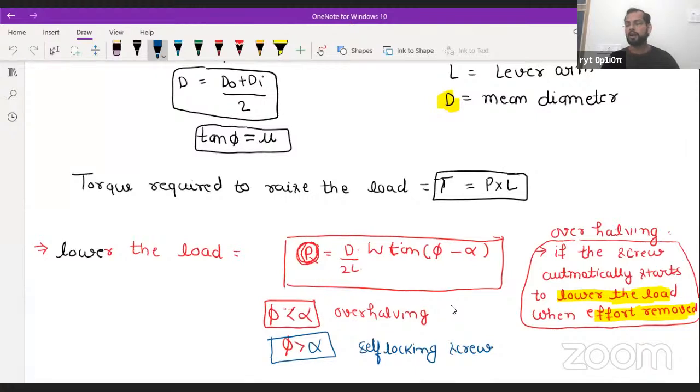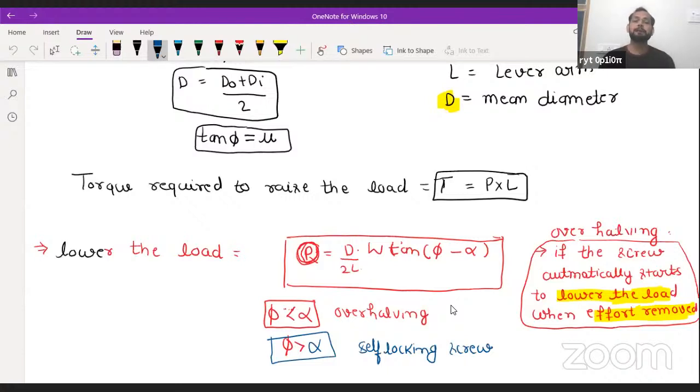I think for this session, time is almost exceeded. So we will sum up this session here, and in the next session we will discuss the efficiency of screw jack and efficiency for self-locking screw. After that we will solve problems.